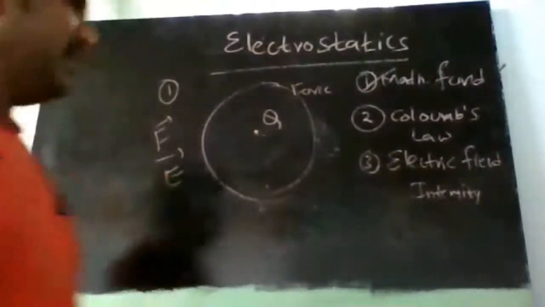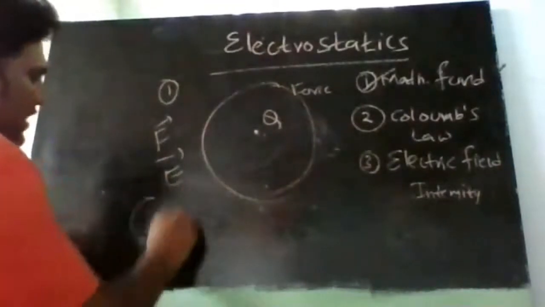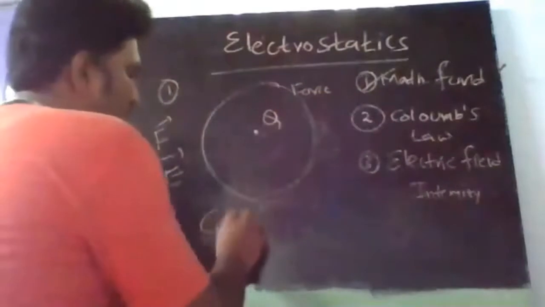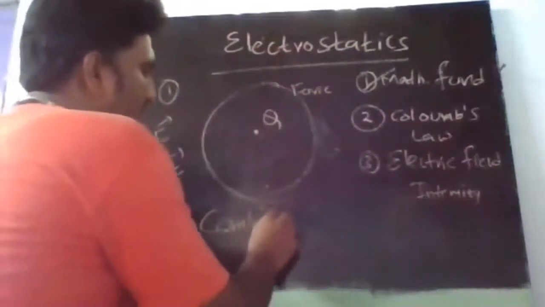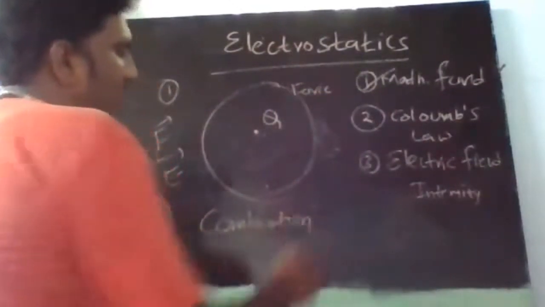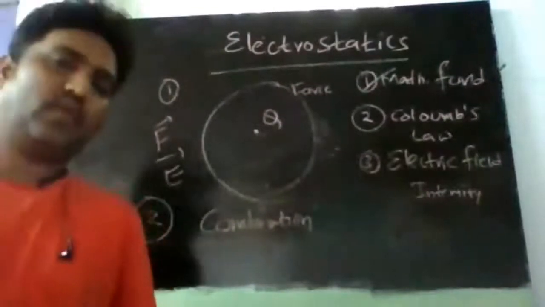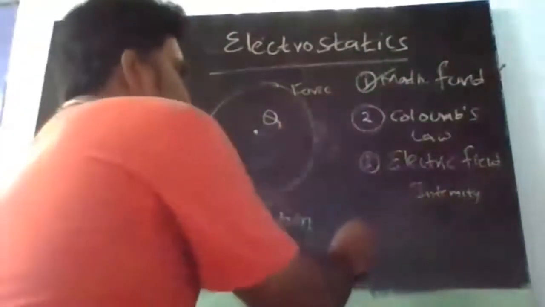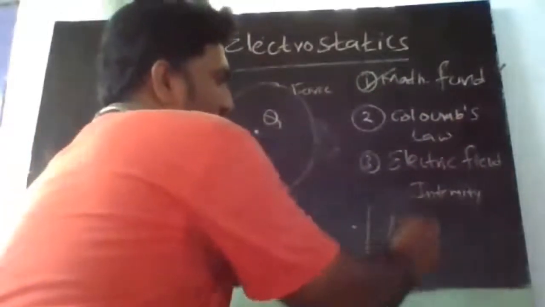Similarly, the second problem with Coulomb's law is this. Whenever there is a combination of charges, or whenever you don't know what kind of charge is exactly present, let's say a point charge is there, a line charge is there, or a surface charge is there.